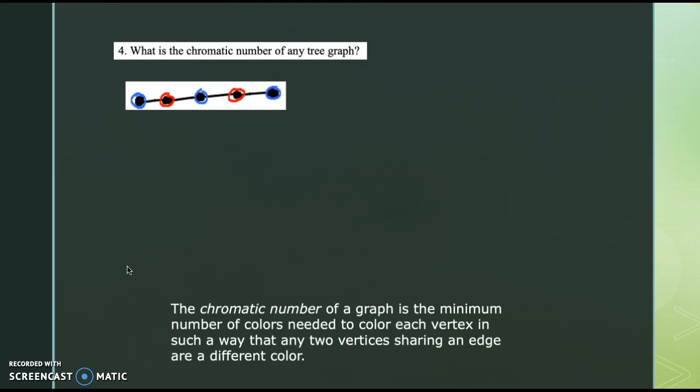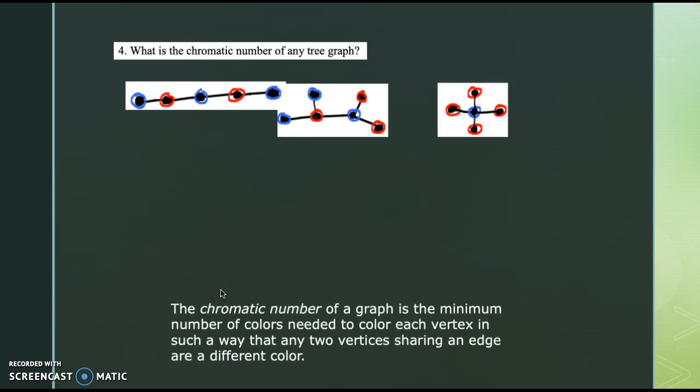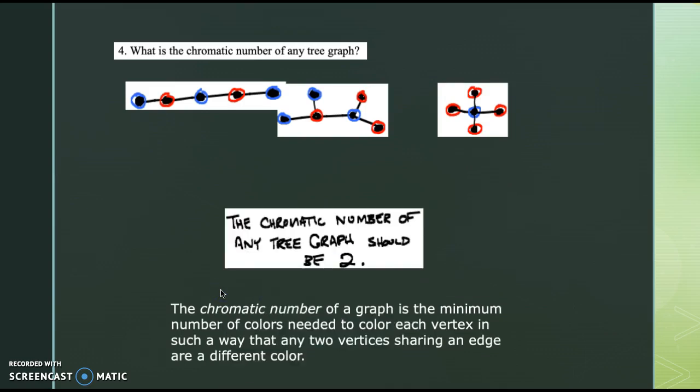And no red one connects with another red one. No blue one connects with another blue one. Here's another one. You can also see the same thing. No red connects with a red. No blue connects with a blue. And here's another one. Same thing here. So the chromatic number of any tree graph should be 2.